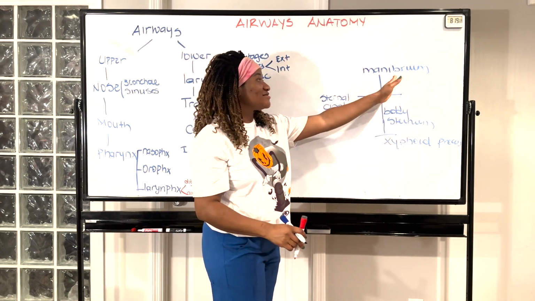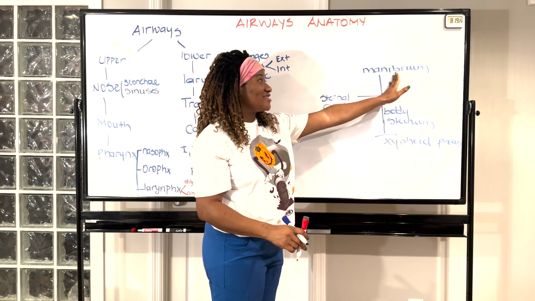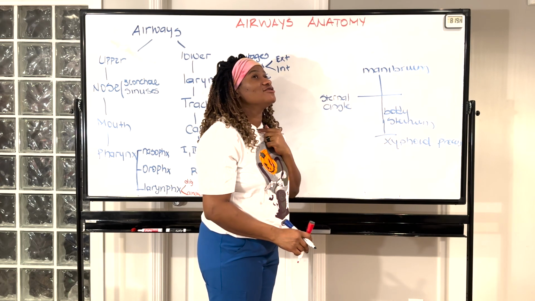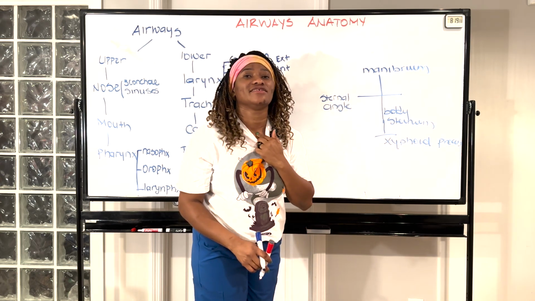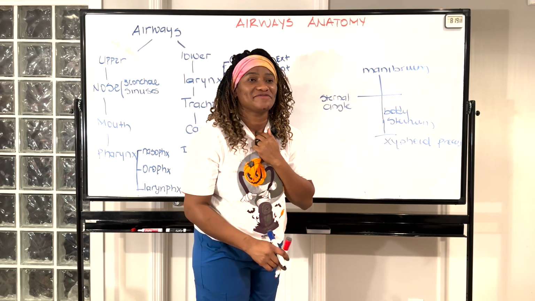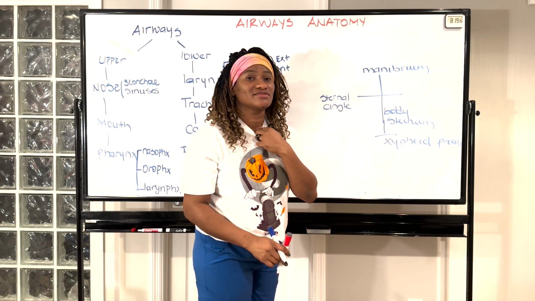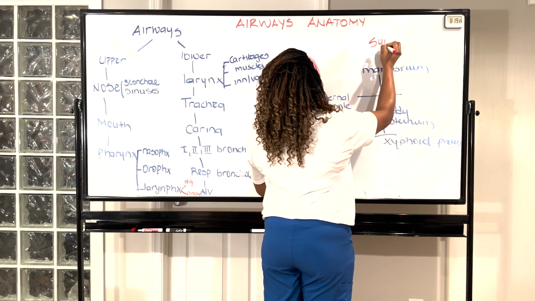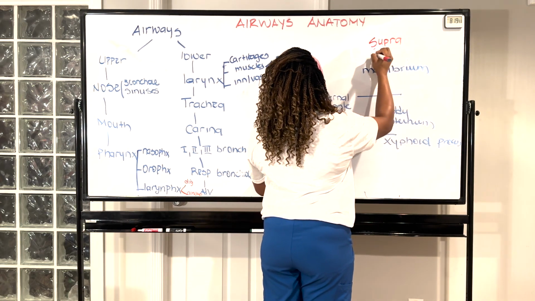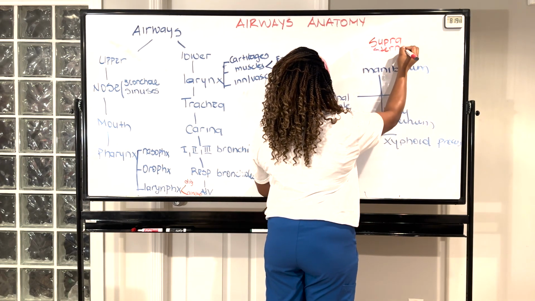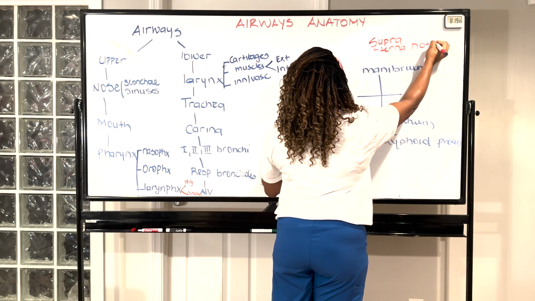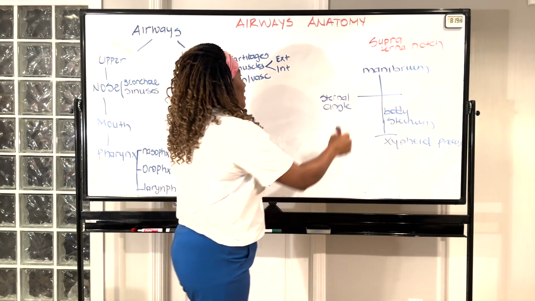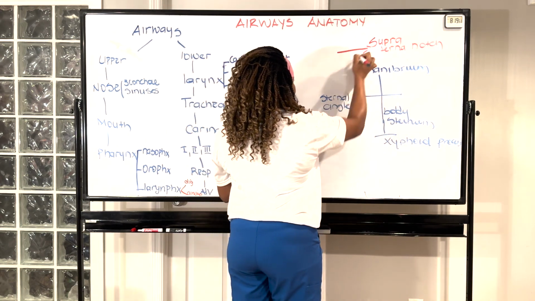Before we get into the sternum, the upper part of the sternum, which is the manubrium, we have the suprasternal notch, and it's right here. You can feel it between your clavicles. It's called the suprasternal notch, which is also called your jugular notch. And why am I talking about this?